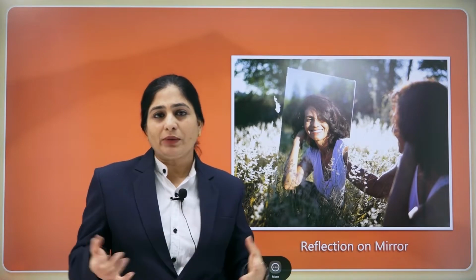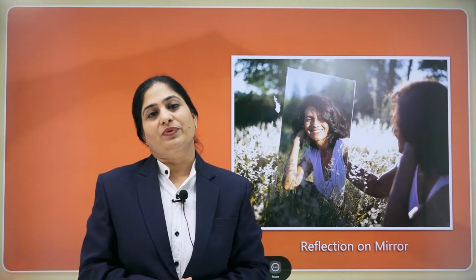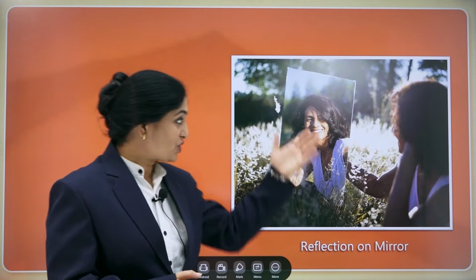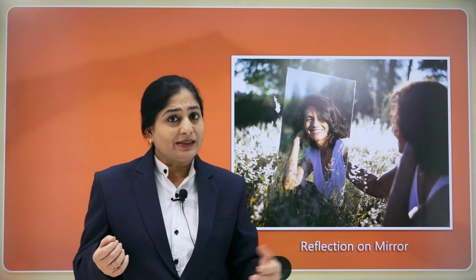So what is a mirror? A mirror is glass coated on the back side with a shiny substance, generally polished with silver salts. We take silver and polish the other side of the glass and it becomes a shiny surface. It is so shiny that when light falls on the mirror, it reflects, and once complete reflection of light takes place, we can see our image in the mirror.